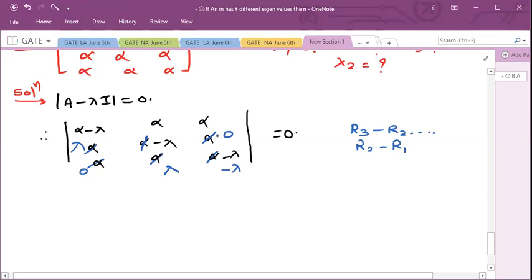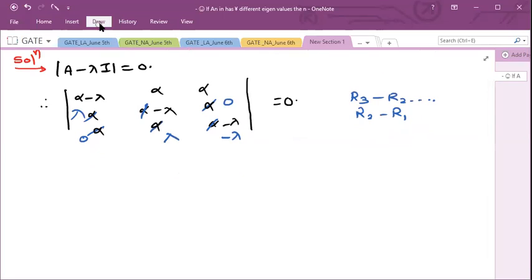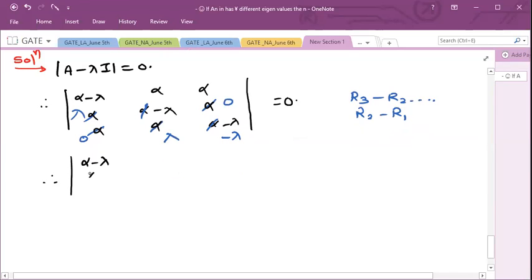So ultimately, what I get finally is: alpha minus lambda, alpha, alpha; 0, minus lambda, lambda; alpha, 0, minus lambda; equal to 0.